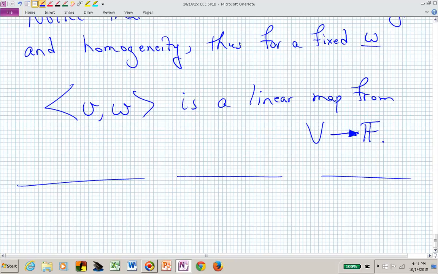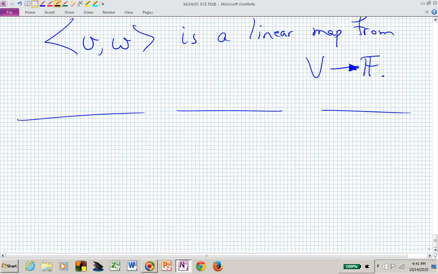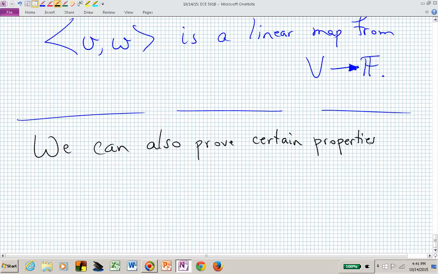Now we can also look at some properties relative to the second slot. Our rules for the inner product focused on the first slot, but when we're deriving things or trying to show things or work with these inner products, it might be nice to know what happens if we have some scaling or addition in the second slot.